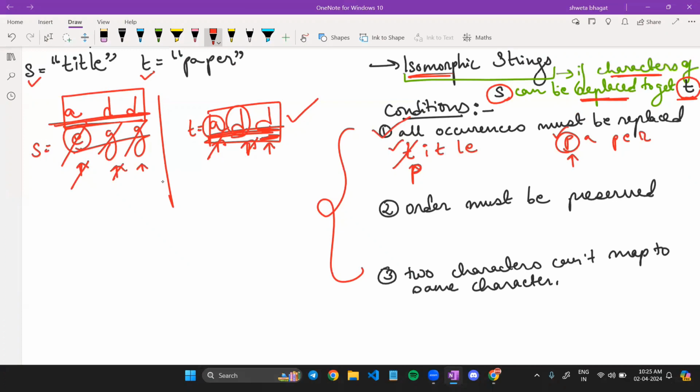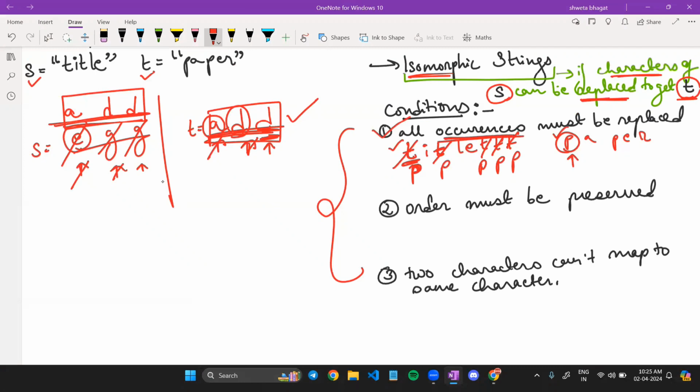If I replace this T with a P, then I have to replace all the occurrences of this T with a P. If I have this T occurring in the string S anywhere, I have to replace all those T's with a P. Here also we have a T, so this T will also get replaced by a P. If we had some more T's over here, they would also have been replaced by a P. So we have to replace all the occurrences.